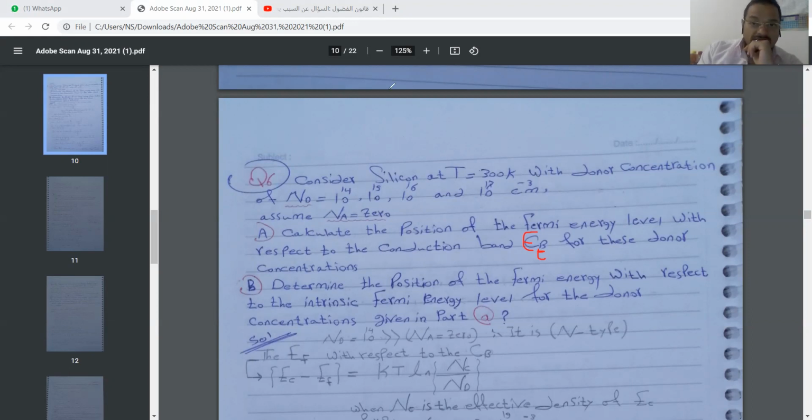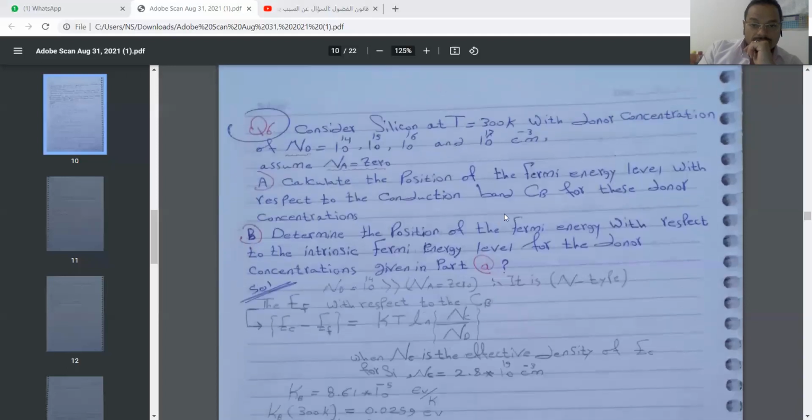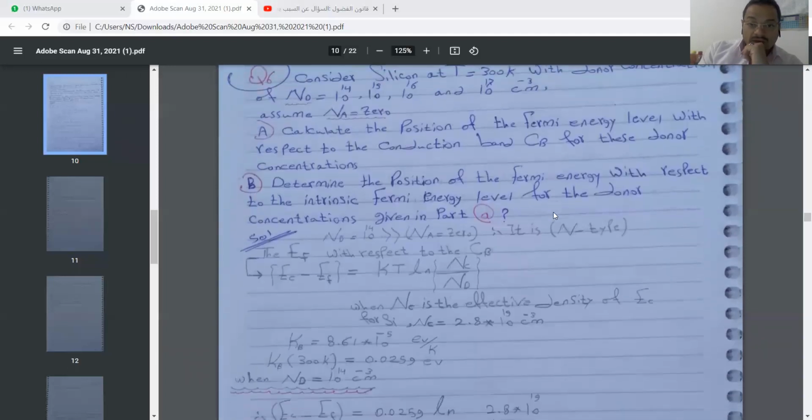Okay, let me delete that. You can go to another statements. Here, like I said before, we're dealing with N-type. Let's focus on this result because the author told us to calculate the position between EF and the conduction energy band EC.